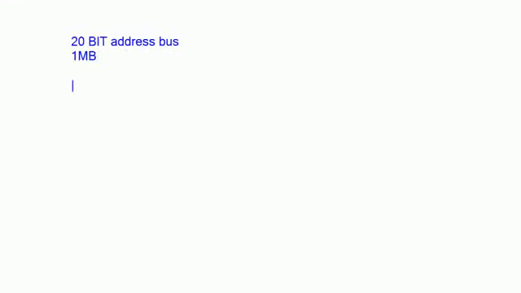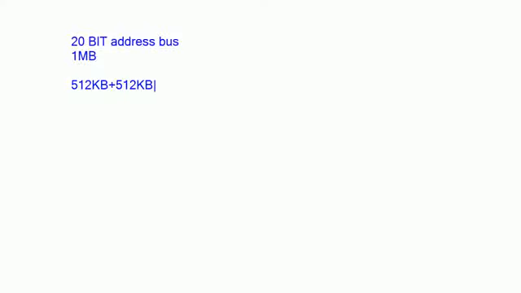I'm assuming that this 1 MB memory is equally split into two parts. 2 power 20 is equally split into two parts. So 1 MB means 512 KB plus another 512 KB.